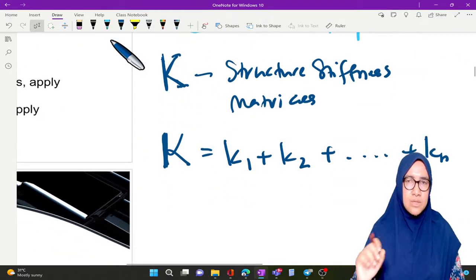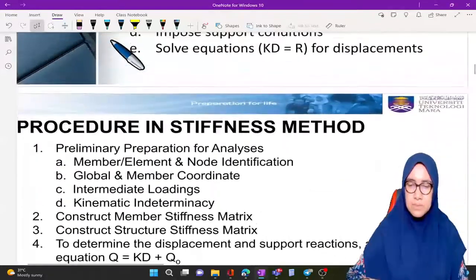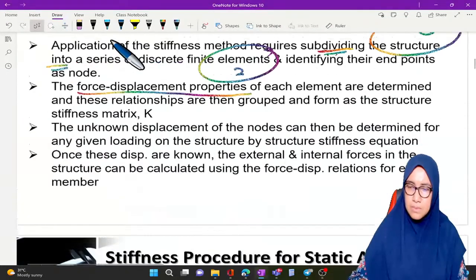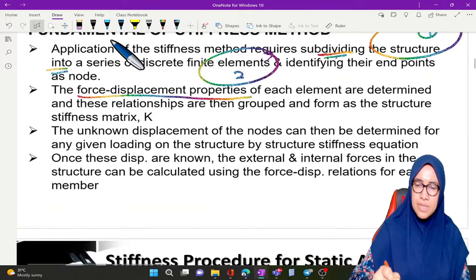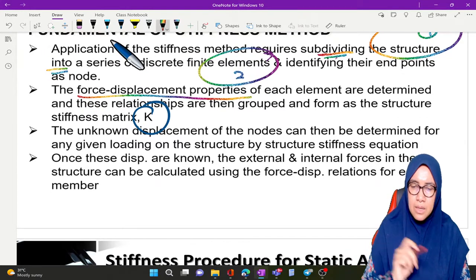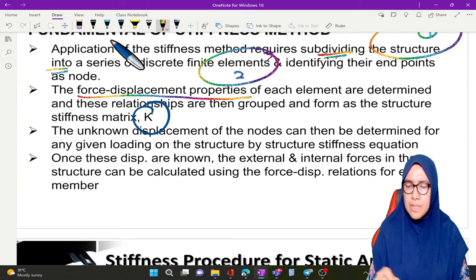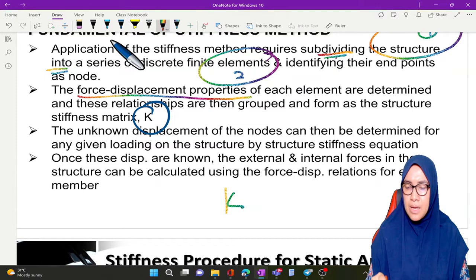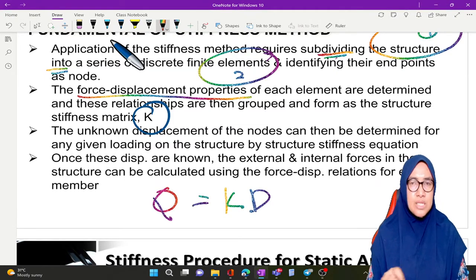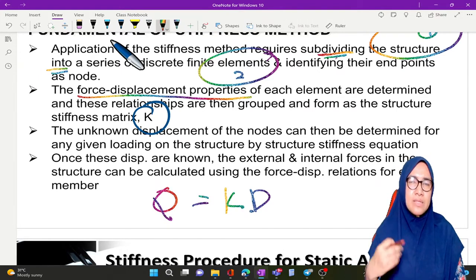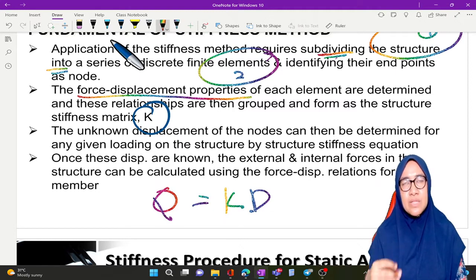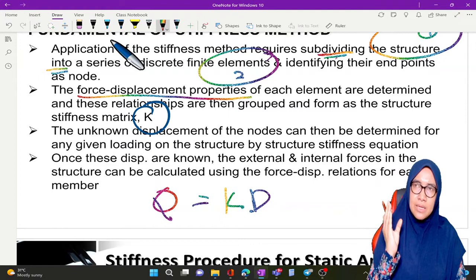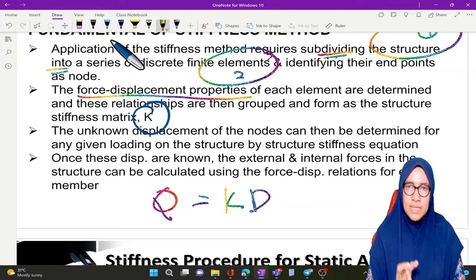Structure stiffness matrix, capital K. We use capital K here. The unknown displacement: once we have got K, this is the force displacement equation, Q equals K D. So we have to establish the right structure stiffness matrix, and then write the nodal forces Q in matrix, and the nodal displacements as well.